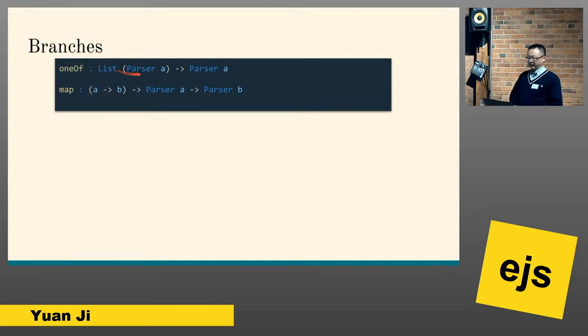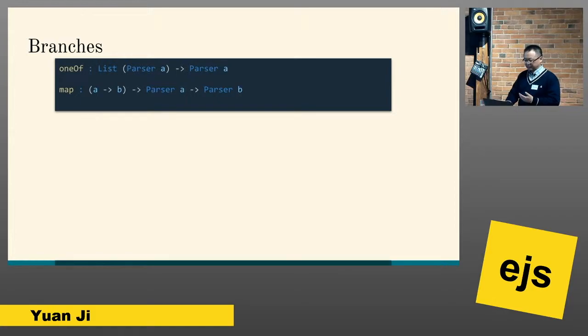With oneOf I give a list of parsers. Here's a list of parsers, and you try to look at the string and tell me the result. For example, a list of parsers may have integer, string or symbol all together. Then, using oneOf, we will try all those parsers in turn to find out which one matches the text.